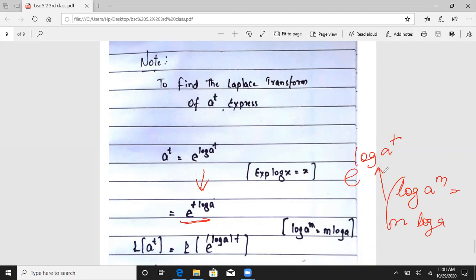Same here, we write e to the power t into log a.